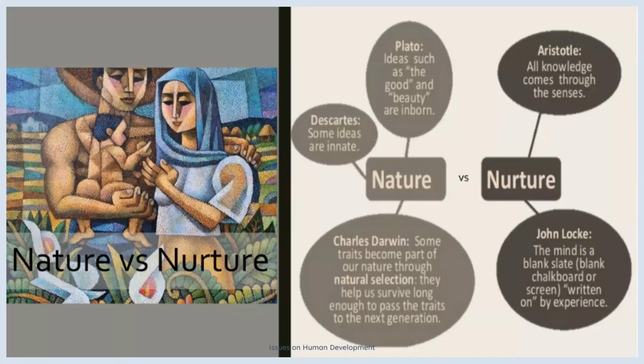Now, we also have another one, Descartes. He also has his ideas about being innate. And then there's another one, Charles Darwin. Some traits become part of our nature through natural selection. They help us survive long enough to pass the traits to the next generation.